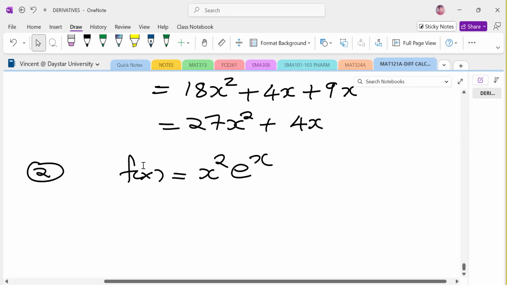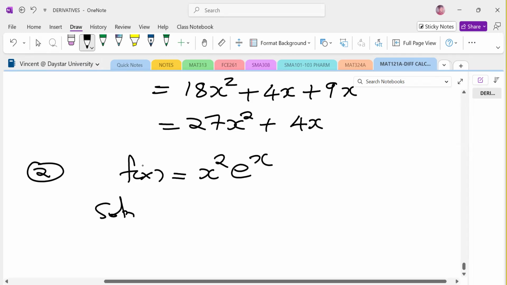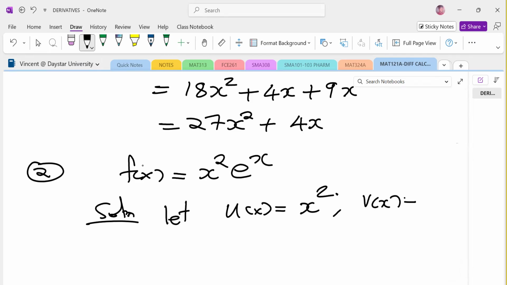Remember we said lastly that the derivative of exponential is the same exponential. So therefore here, we let u of x be x squared and v of x be e power x.